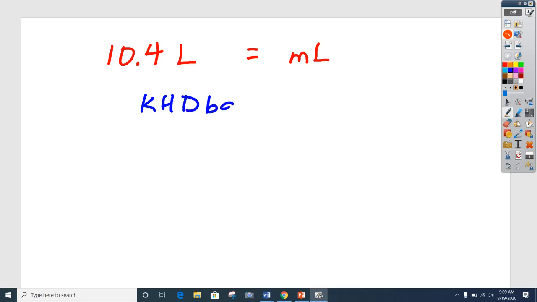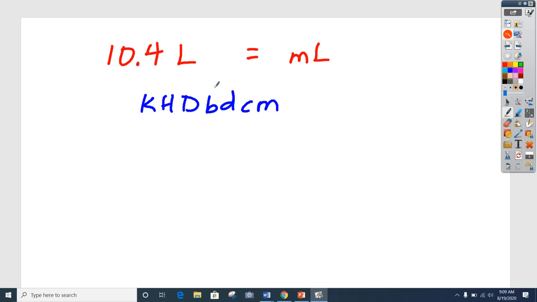So let's say I go back into lab and I have a measuring instrument that measures in liters, and it gives me a recording of 10.4 liters. For some reason, I need to convert that into milliliters. I'm going to think through my King Henry died by drinking chocolate milk.